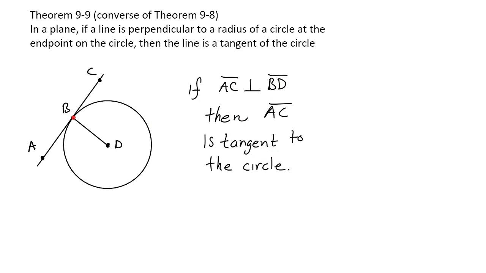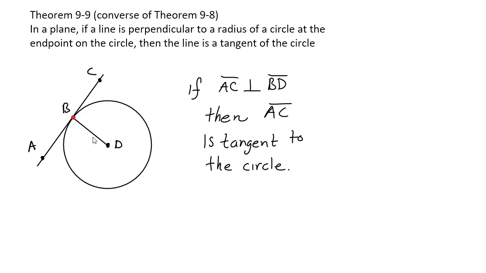Here's the next theorem, 9-9, which is the converse of the previous one, theorem 9-8. It says that in a plane, if a line is perpendicular to a radius of a circle at the end point on the circle, then that line is a tangent of the circle.